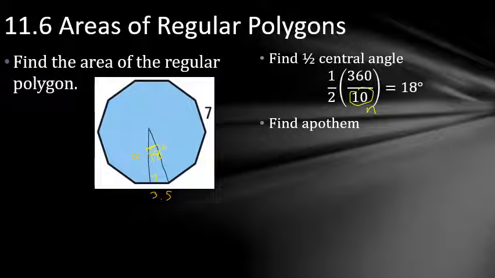All right, now to find the apothem. Oh, wait, from the 18, I know the opposite side is 3.5, and I know the adjacent side is the A. Opposite and adjacent is tangent. So I can say tangent of my angle is the opposite over the adjacent.